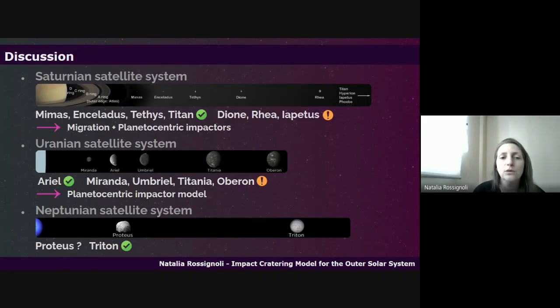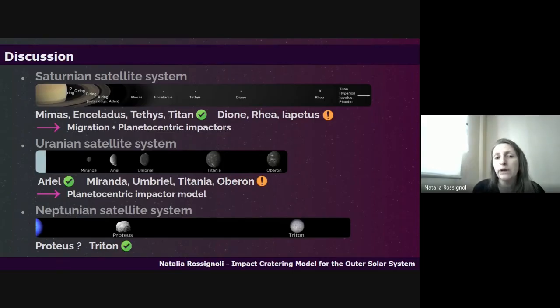But for Triton, with the heliocentric model, we obtain compatible results with the capture of Triton and the global resurfacing post-capture. But we are not really sure if this model is suitable for irregular satellites like Triton, because our model considers the orbits of the satellites fixed in their current orbits for the whole solar system age, which is not the case of Triton.